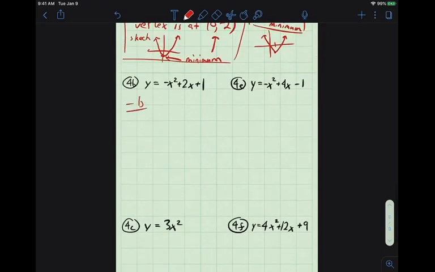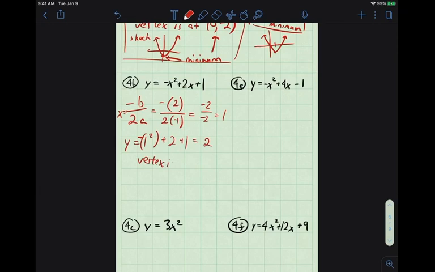So negative 2 over this. X equals all this. Negative 2 all over negative 1. Negative 2 over negative 2, positive 1. Y equals 1 plus 2 plus 1, which is 2.